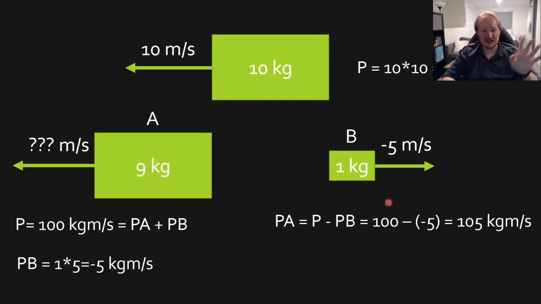And then we can use this equation, that our total momentum is equal to the momentum of each of the systems, to solve for the momentum of A.